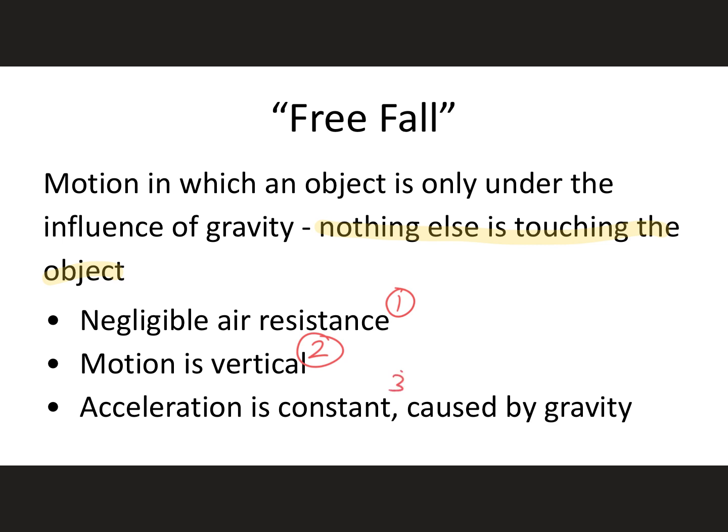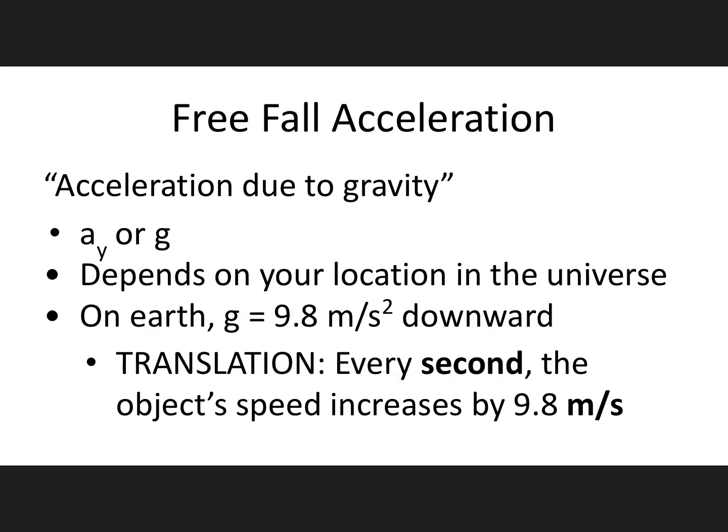Now that acceleration that is due to gravity, we call that a_y or g. Since we're now moving vertically as well as horizontally, we say a_y to indicate that vertical motion, or use little g. Do not use capital G, that means something else.